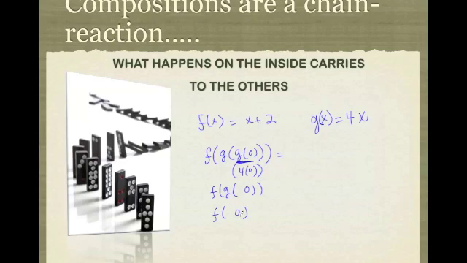So now I need f of 0, which is x plus 2. My x is 0, so that just gives me 2. So you can see that one value just carries down to the next, creating that chain reaction. I hope this has helped you understand the composition of functions.